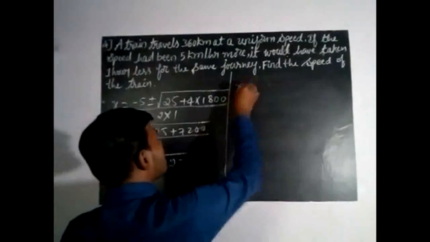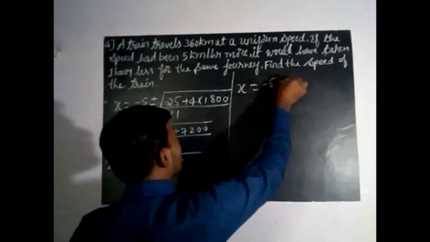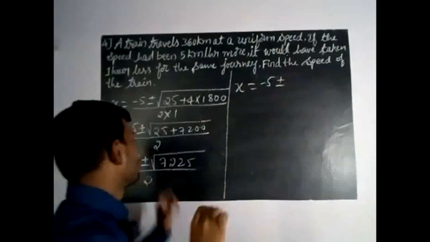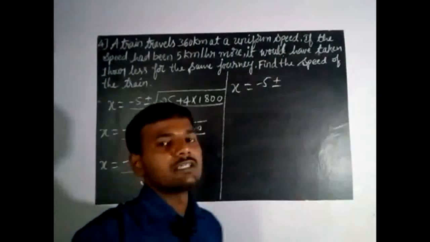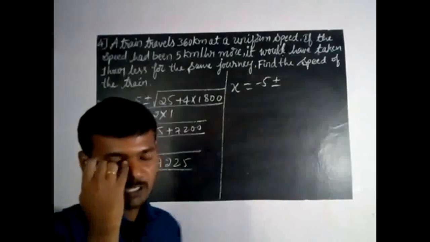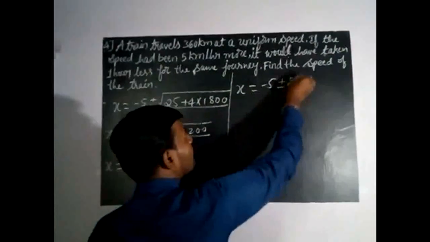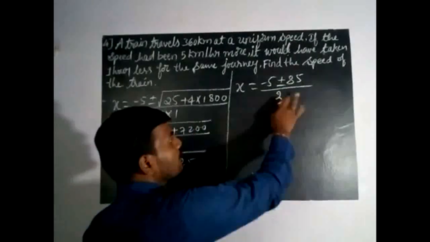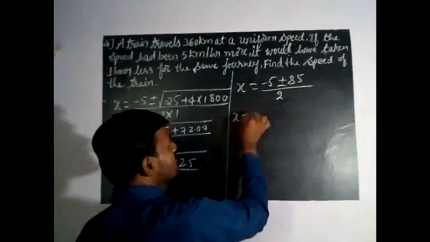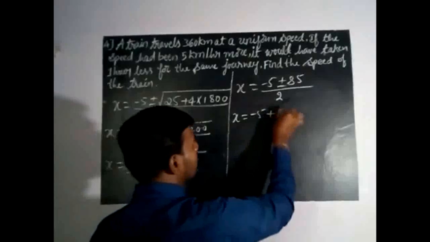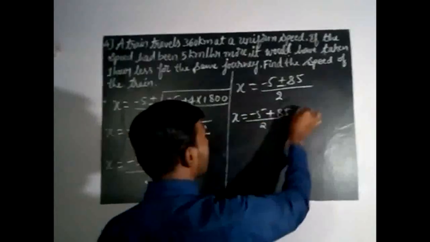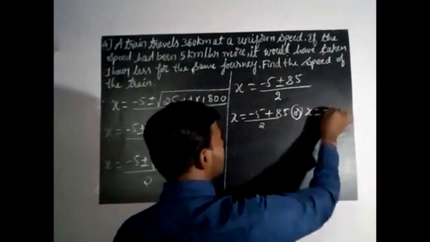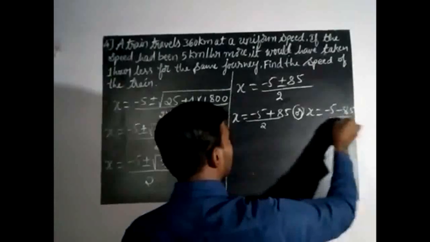Okay, x is equal to minus 5 plus or minus square root of 7225, which is 85, by 2. Now either x is equal to minus 5 plus 85 by 2, or x is equal to minus 5 minus 85 by 2.